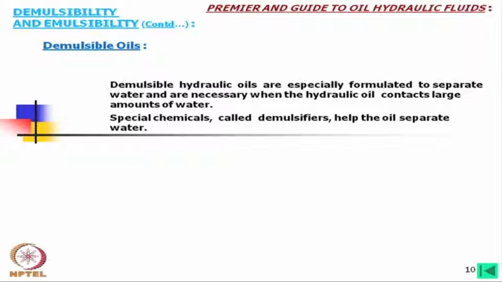Special chemicals called emulsifiers help the oil to separate water.